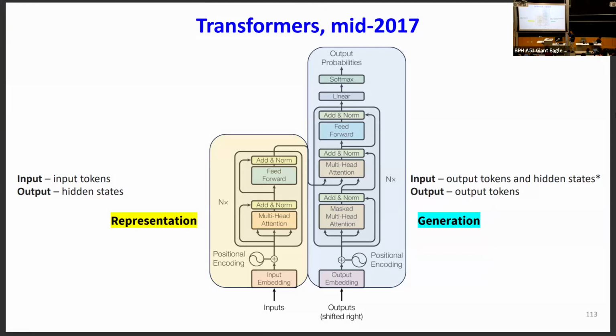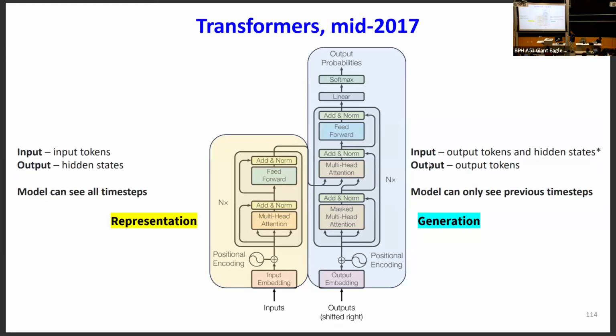And notice that for the decoder, I put that its input is called output tokens, and that is because the output tokens are precisely the tokens that it outputs in its output channel. When it outputs something, that token will go back to its input. That's called autoregressivity. So this is the sort of interface of the encoder and the decoder.